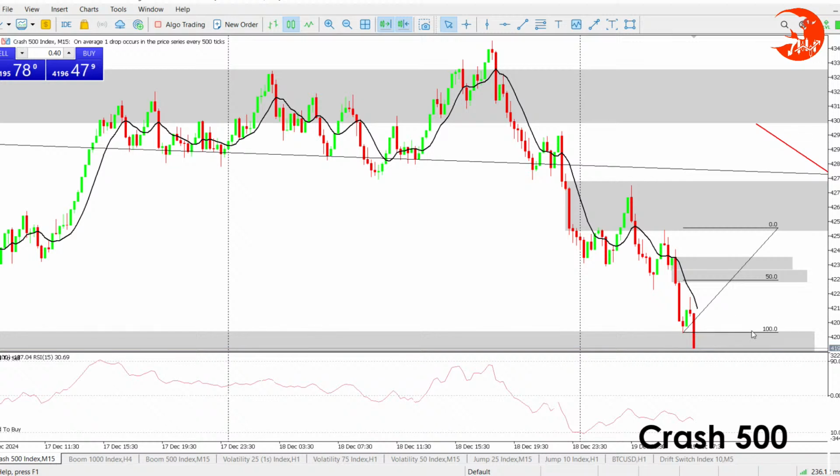Oh wait, we haven't finished creating a low. In fact, I think we have finished creating a high, so it is going down again. According to M15, it didn't even reach the breaker block.